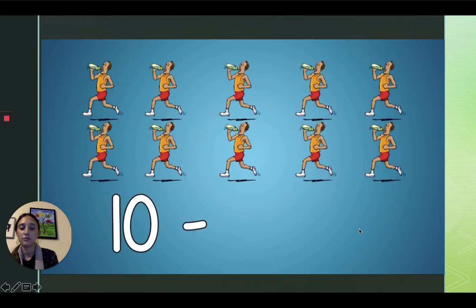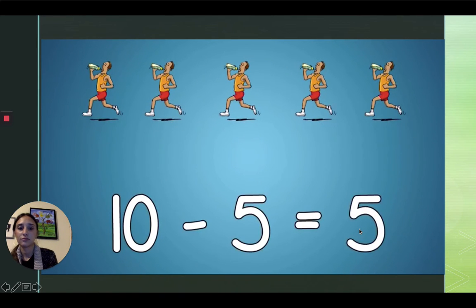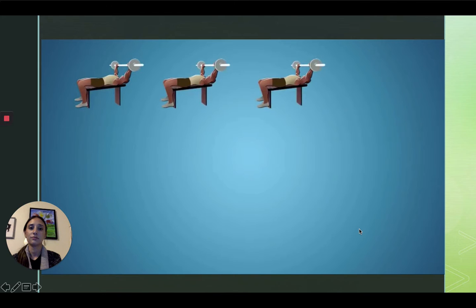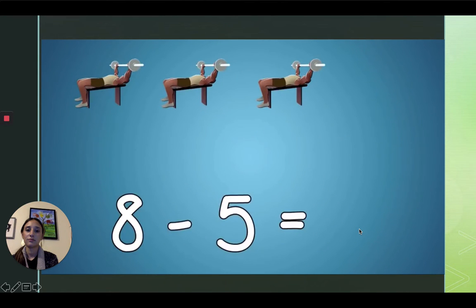How many fast runners are still running in the race? 10 minus 5 equals 5. 8 bodybuilders are pumping up some weights. 5 bodybuilders stop and take a break. How many bodybuilders are still pumping up some weights? 8 minus 5 equals 3.